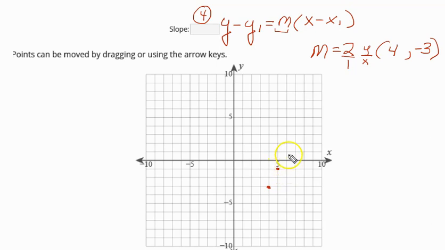And we can go over 1, up 2 to get a few more points, so we can get a nice straight line. Now, when you folks do it, you only take 2 points. And there is our graph. Okay, check it out. And do you see the rationale for it?